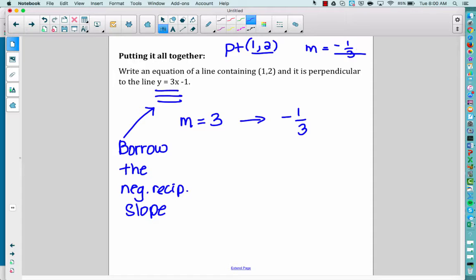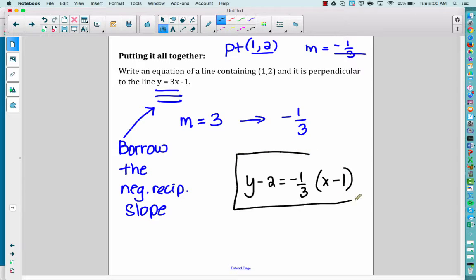All right, so now I have my point, I have my slope. Best equation to use at this point would be point-slope. So I plug it right into point-slope, and I get y minus 2 equals negative 1/3 times x minus 1. And there's my equation of my line.